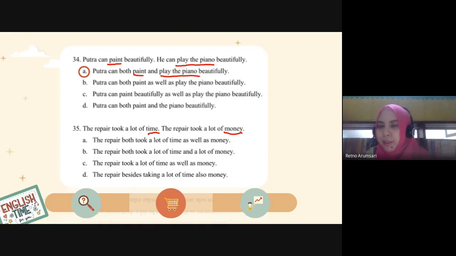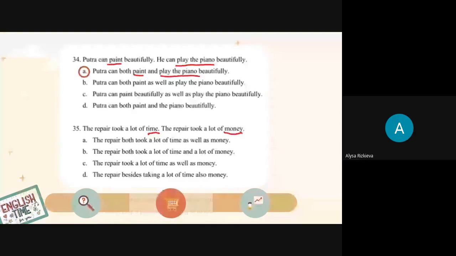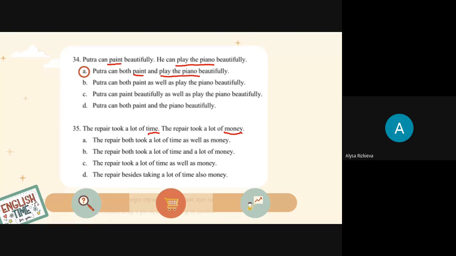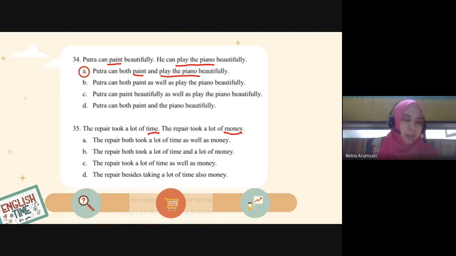Alisa, the repair took a lot of time as well as money.